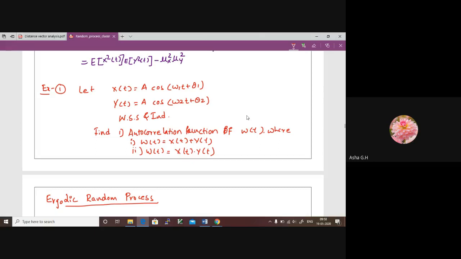Where these two random processes are given to you, where a, w1 and w2 are constants, and theta 1, theta 2 are random variables.